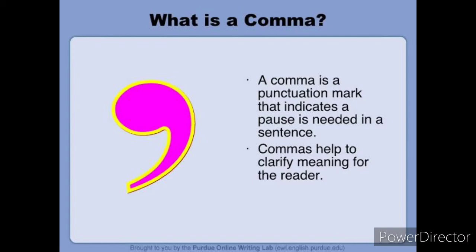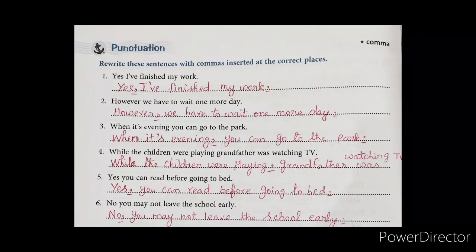Let's move on and see the exercise now. This is page number 14, children, from your workbook, from the story chapter 2, The Foolish Frogs. In the last exercise we had punctuation, and we saw so many punctuation marks in the previous image.